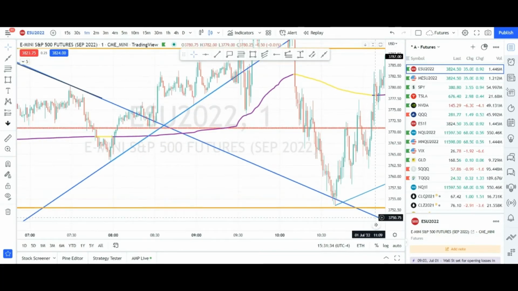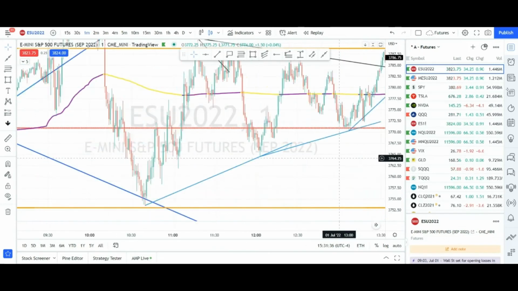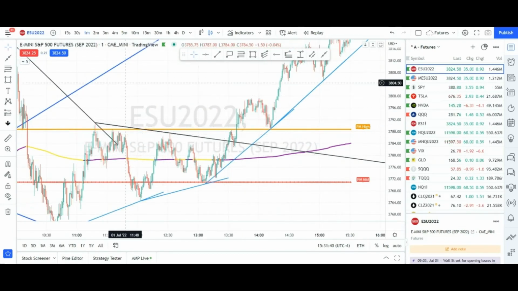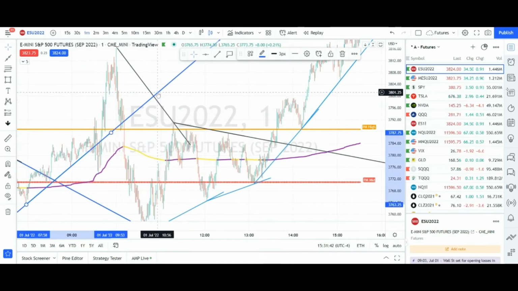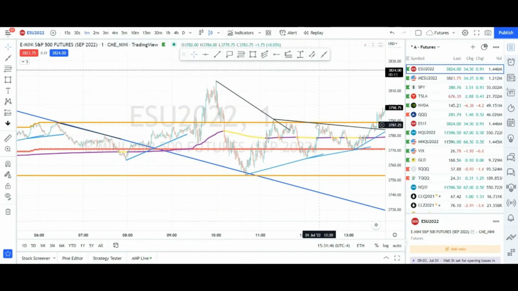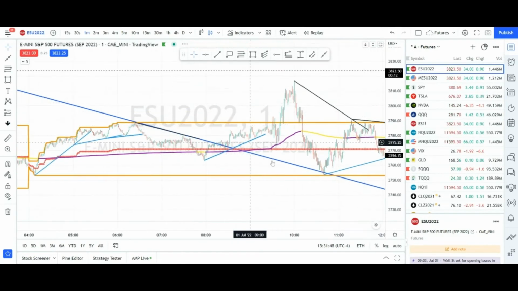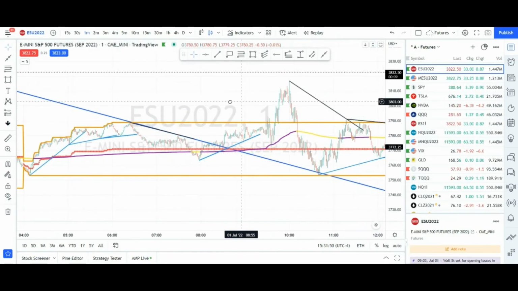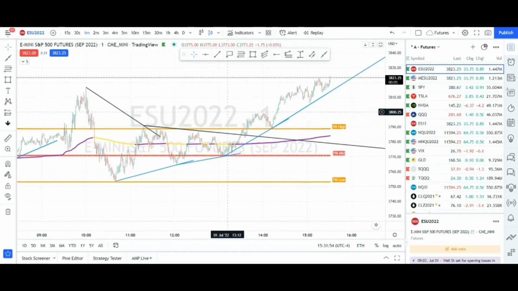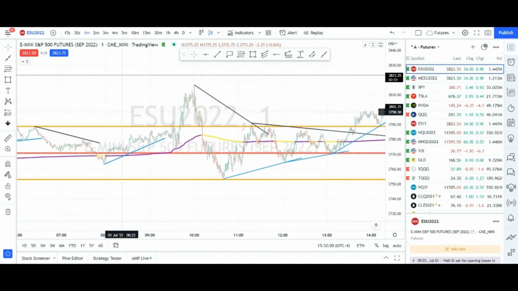The last line is the extended one, because if the previous lines are also extended, the chart will not be clear. So I just extended the last trend lines, the ones going high or going low.